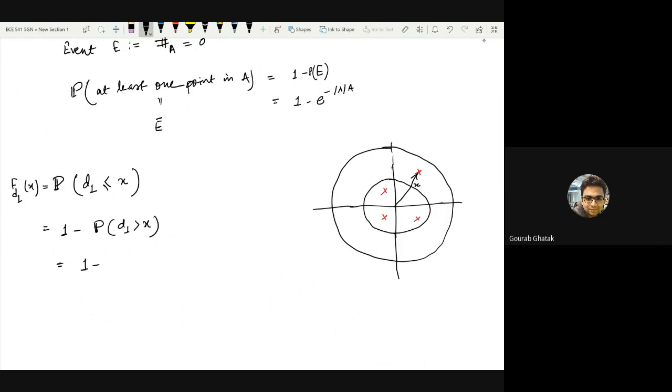It means 1 minus the probability that the number of points inside the ball of radius x minus the ball of radius a is actually 0. Yeah. Again, remember that there is an issue here. So remember that whatever we are calculating is conditioned that there is at least one point in A. So we are indeed finding out something like this.